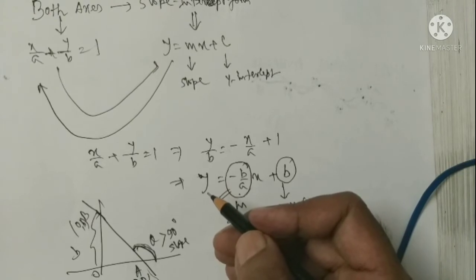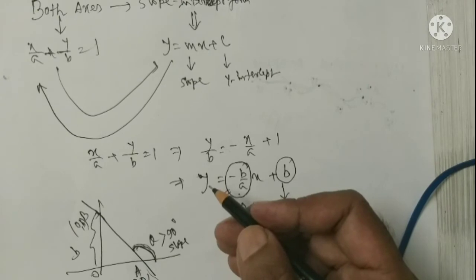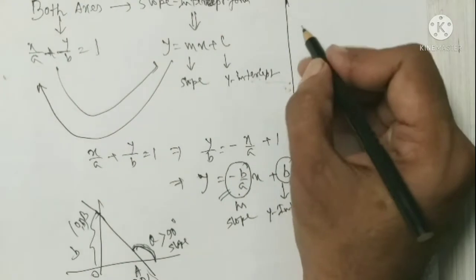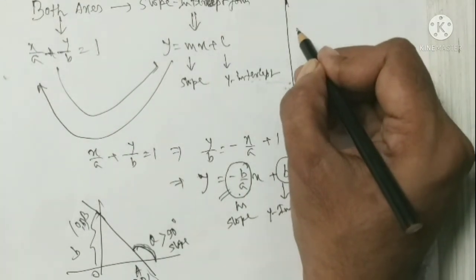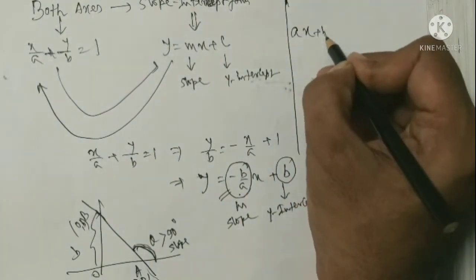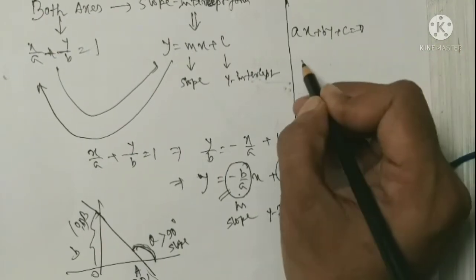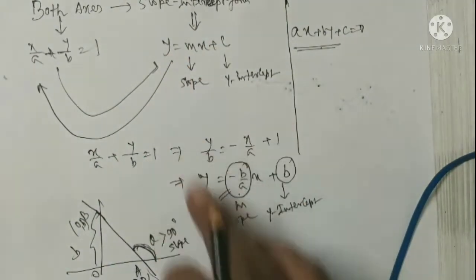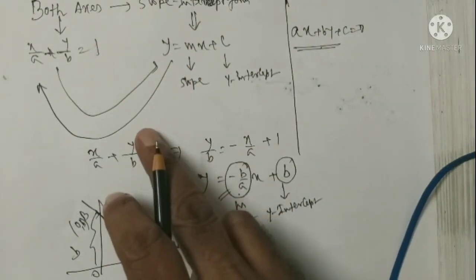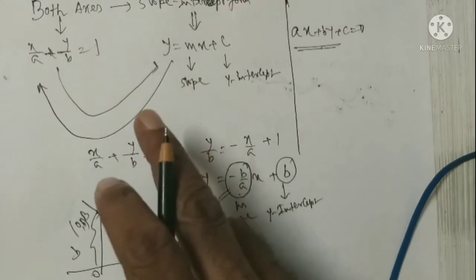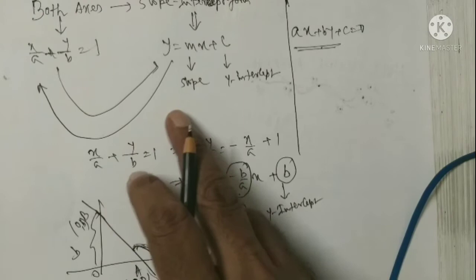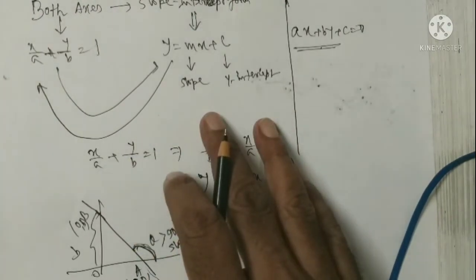Straight line is always one degree equation, that is power of x is 1, power of y is 1, and then there contains a constant point, that is general form ax plus by plus c equal to 0, and we can transfer this equation to all these equations. And in today's video we discussed how both axis form is derived and how both axis form can be transferred to another form. This is our today's discussion.